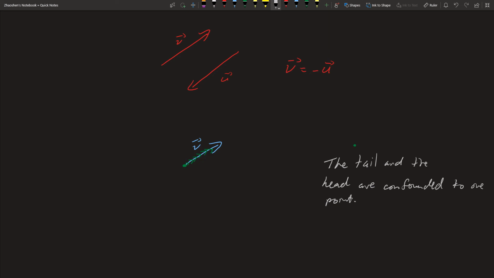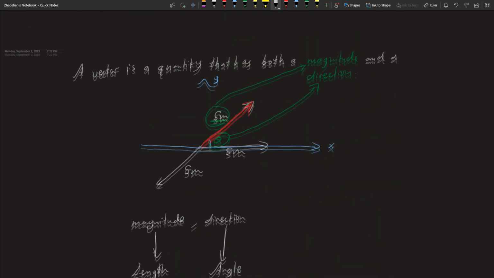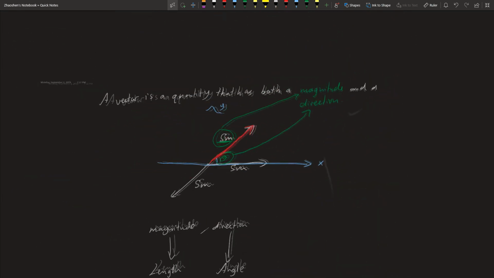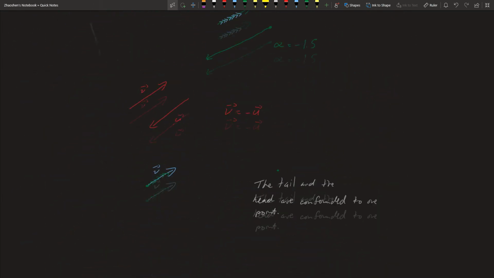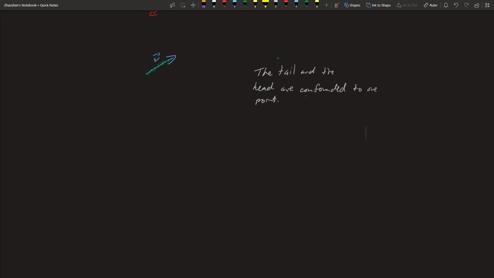Now, what does this actually mean? Because when we talked about vectors in the very beginning, we said that they can only be defined by magnitude and direction, right? This zero vector seems to have zero magnitude, and we can't even talk about its direction because it's not pointing anywhere. There's no difference between its tail and its head. They're literally confounded, right? So what conclusions can we make about this?